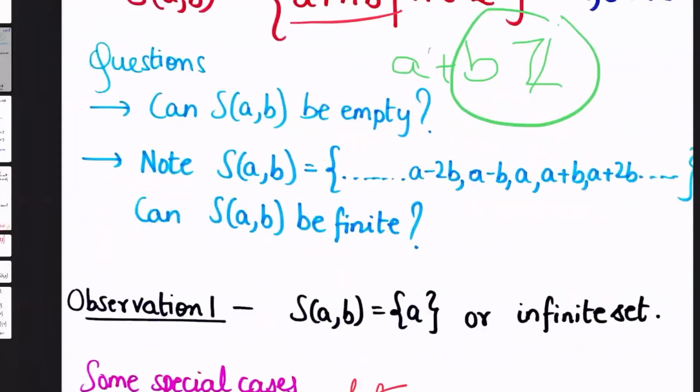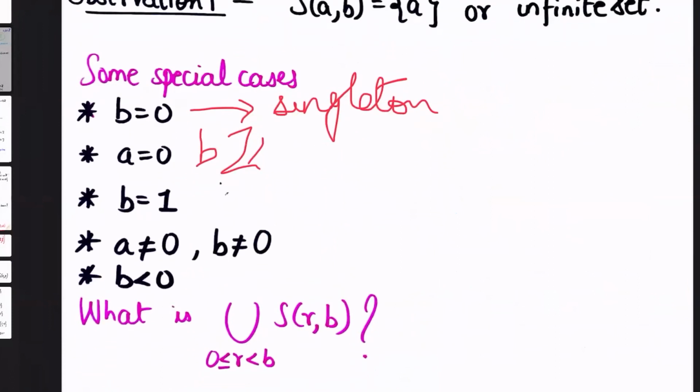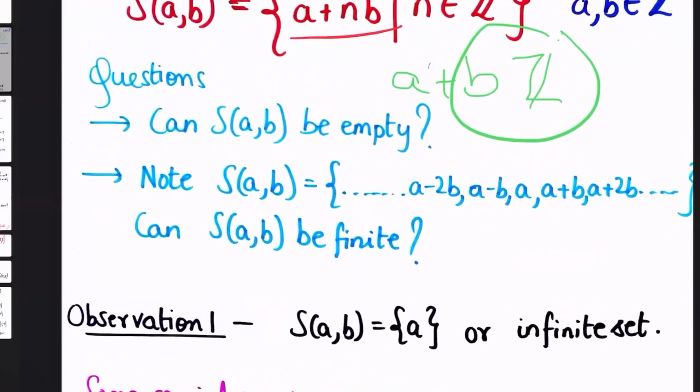So if you consider the union of all such S_{R,B}, where R is between 0 and B, that is essentially the union of all such left cosets, right? You will have 0 plus BZ, 1 plus BZ, dot, dot, dot, up till B minus 1 plus BZ.